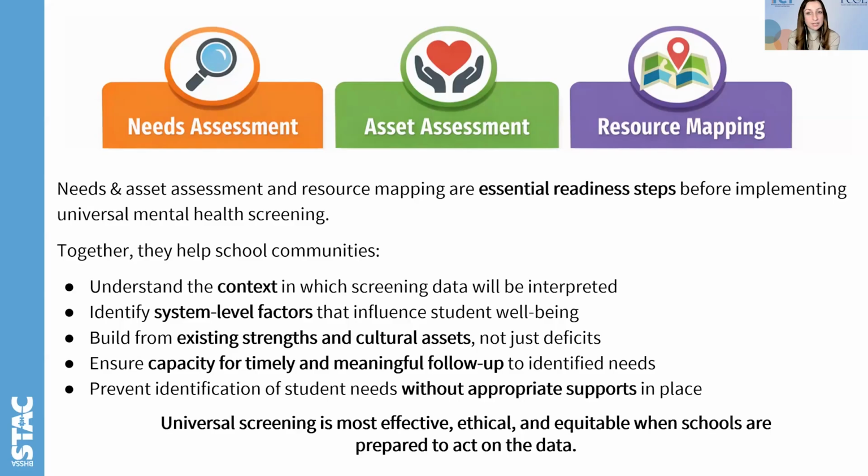Even from school site to school site, we might see that one school site might not have the system-level readiness that another school site has. Does that mean we won't implement that screener at that school site? No, but it means that we might need to do some work to create that readiness to ensure that this is going to be a smooth process. And we might select a different school site to pilot and serve as the first launch of our universal screener.